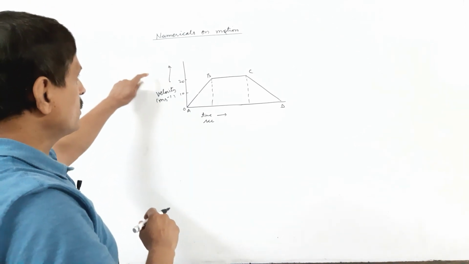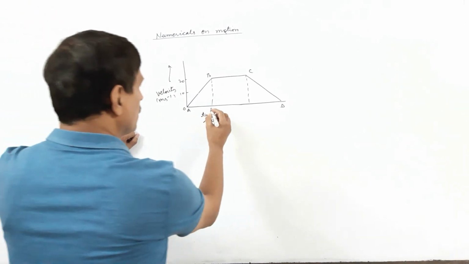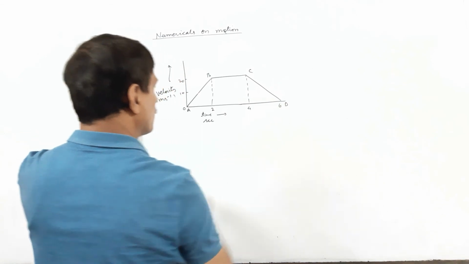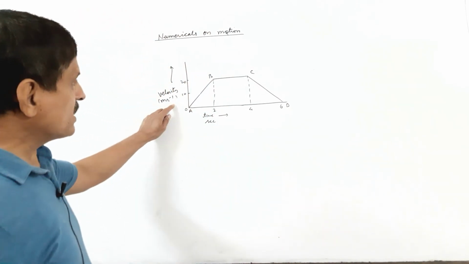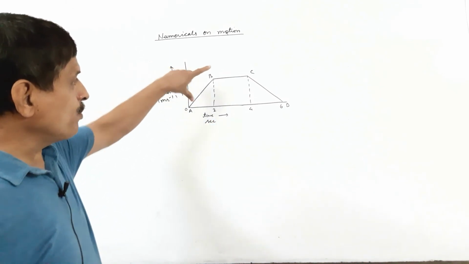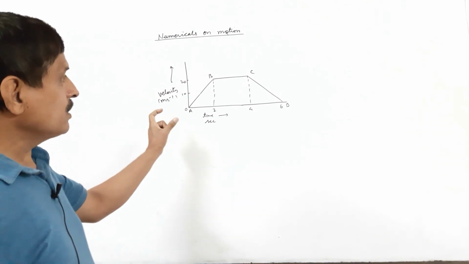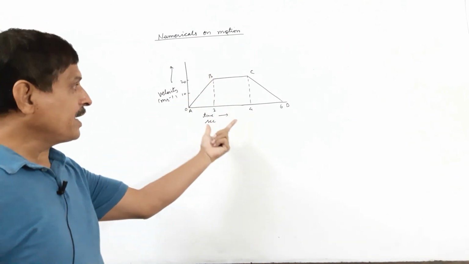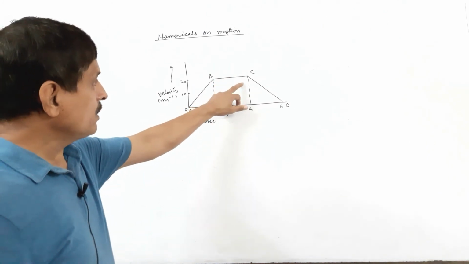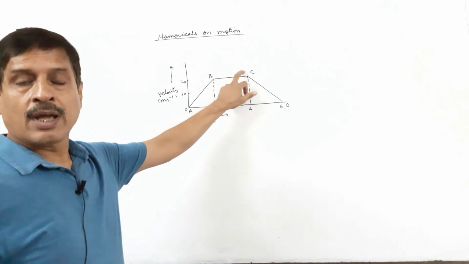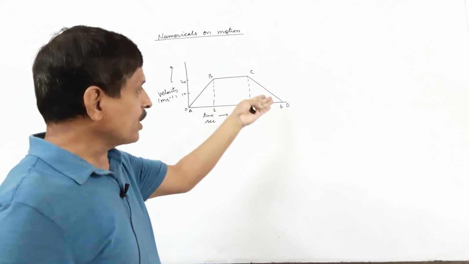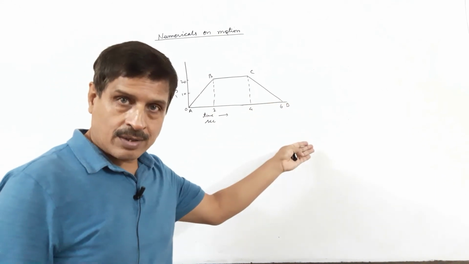Now, in this graph, which is a velocity time graph, we observe that during the first 2 seconds, between A to B, the body is moving with uniform acceleration. In the next 2 seconds, that is between 2 to 4 seconds, between B to C, it is traveling with a constant velocity, and then in the next 2 seconds, that is 4 to 6 seconds, the body is slowing down and uniformly retarding or decelerating.